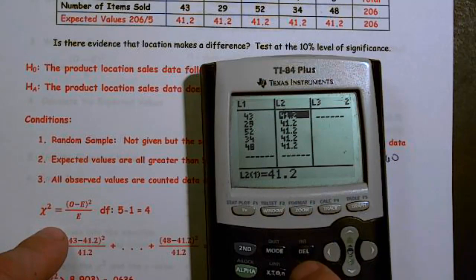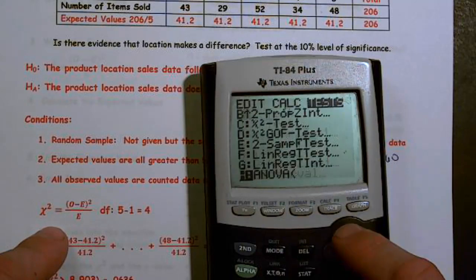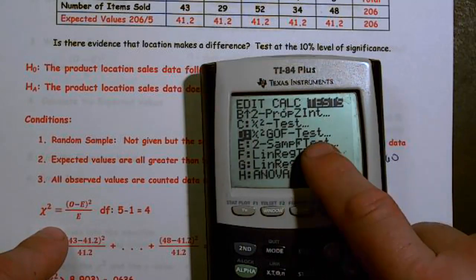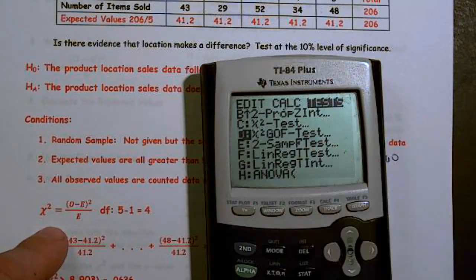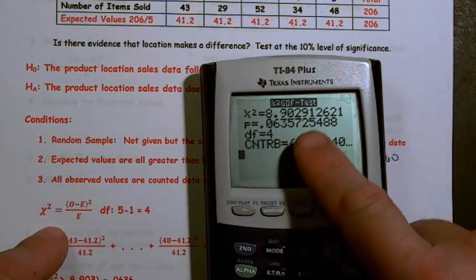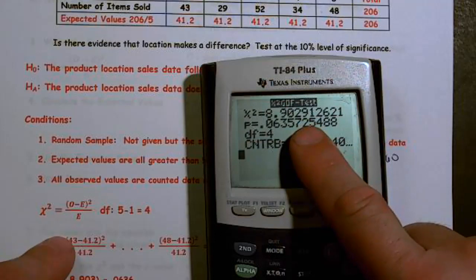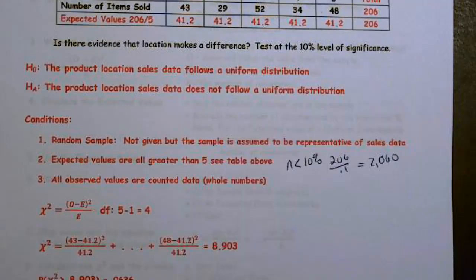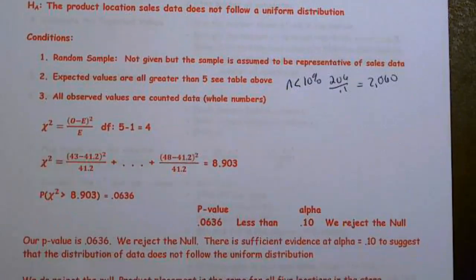Once I've done that, I can go stat, test, chi squared, goodness of fit, or GOF, L1, L2, and I had 5 categories, or 5 locations, minus the 1, gives me my degrees of freedom of 4. I calculate, and I get a chi-squared value of 8.9 and a p-value of 0.06.